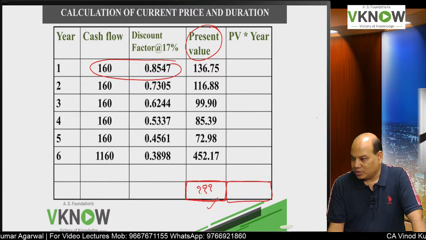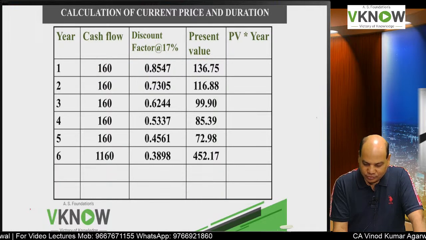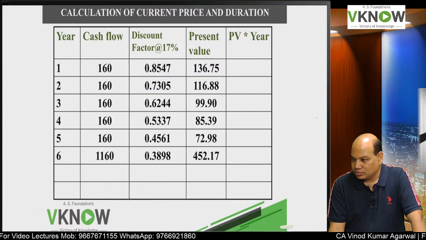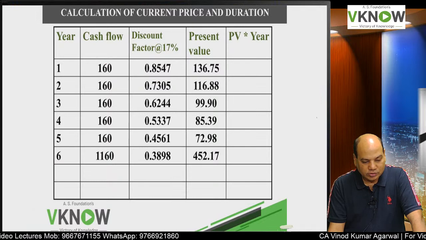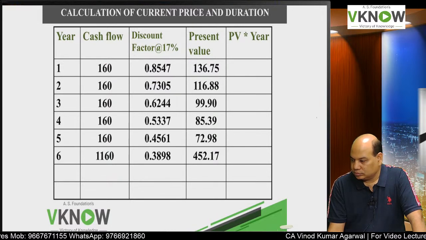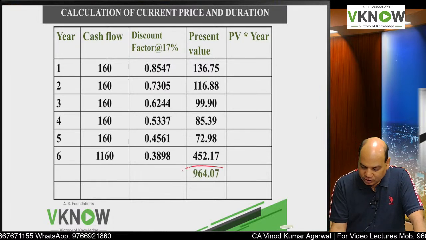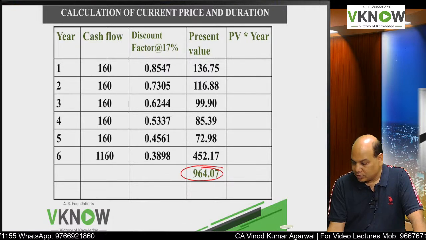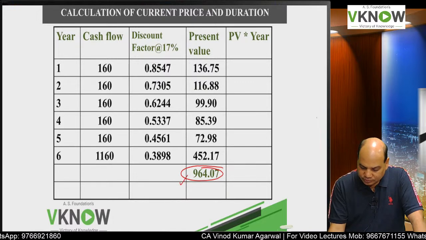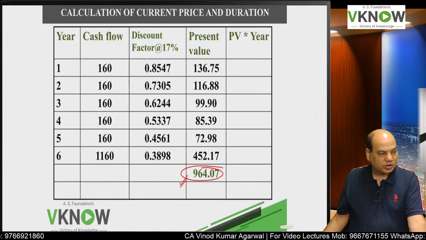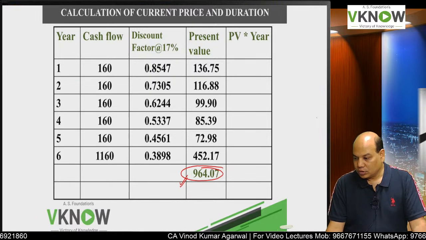If you want to copy, you will have to wait. Anybody, total of the present value? Yes. $962.92. Approximately, you are right. 964.07. I have got some difference. Some difference is possible, so don't worry. Approximately you must get the same answer.